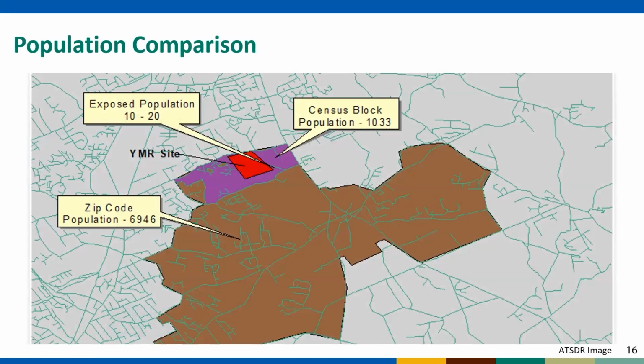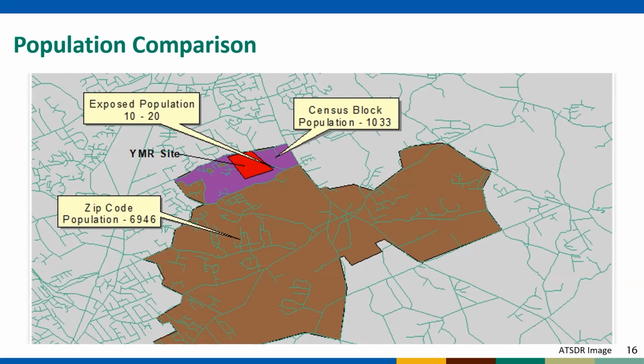Here is a realistic example of population comparison factors that limit the utility of HOD analysis to provide useful information for our public health assessment work. As shown in this population density map, the exposed population is much smaller than the larger census block and zip code populations, which are the lowest geographic unit for which HOD are available. The exposed population is only about 2% of the census block population and only about 0.3% of the zip code population.